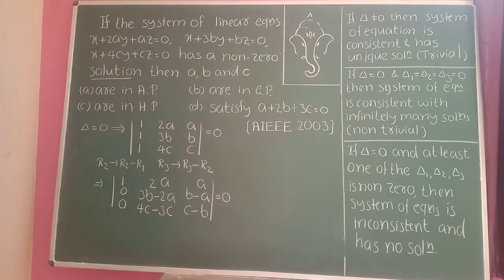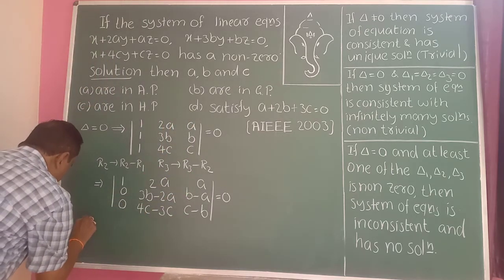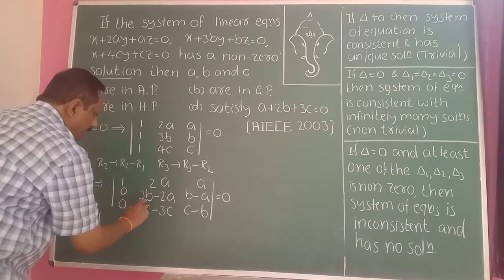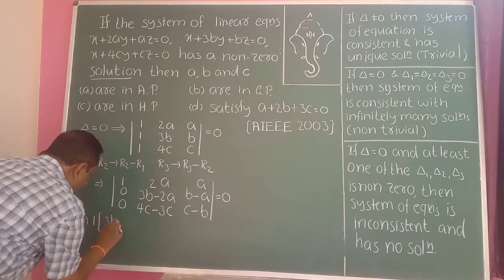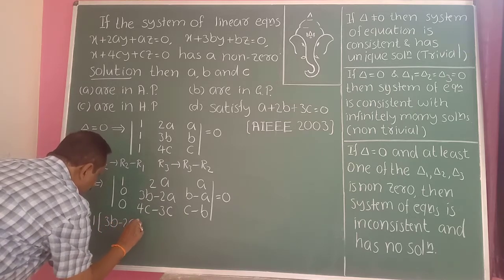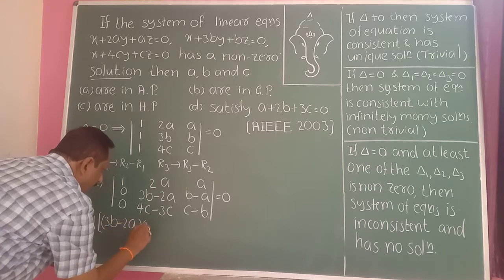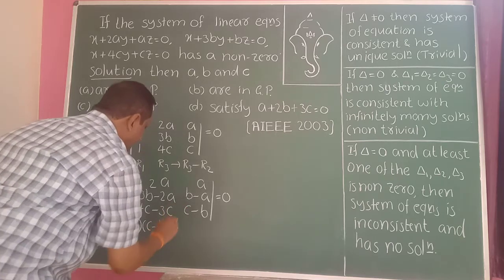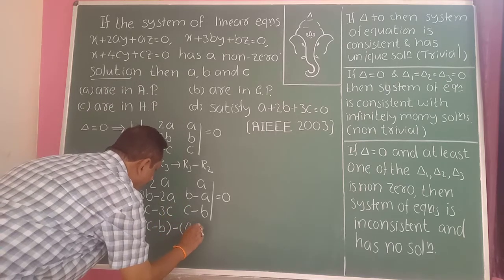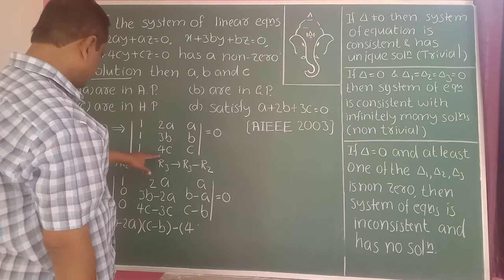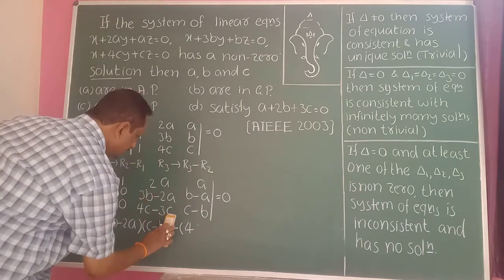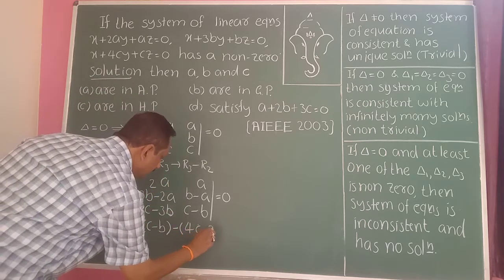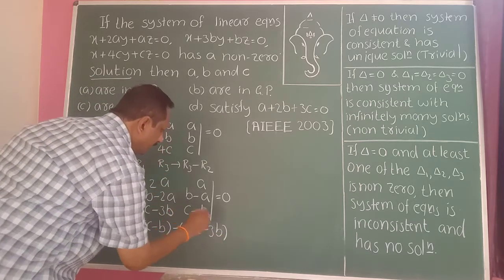Now we expand it here. So this implies 1 into the bracket: this into this, (3b minus 2a) into (c minus b), minus of this into this, (4c minus 3b) into (b minus a).